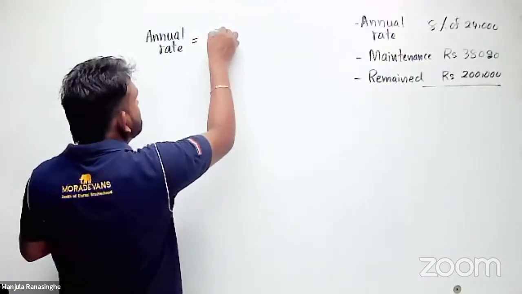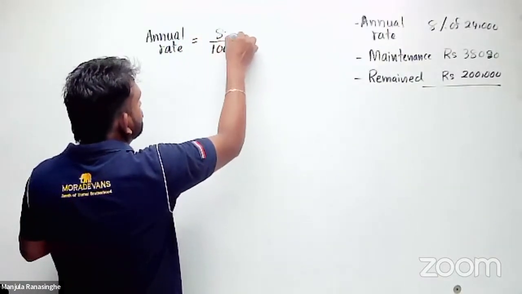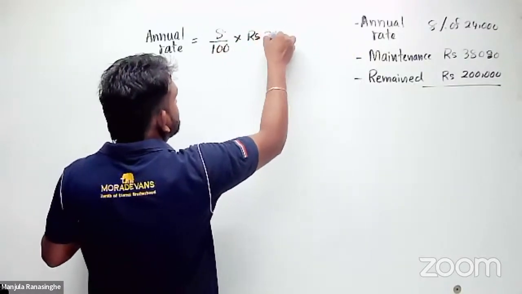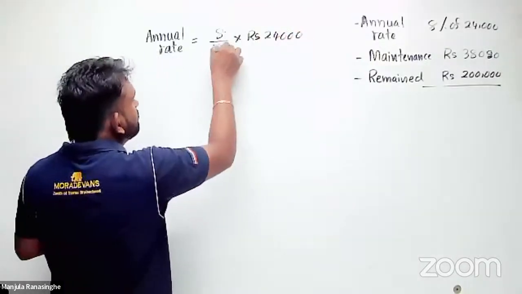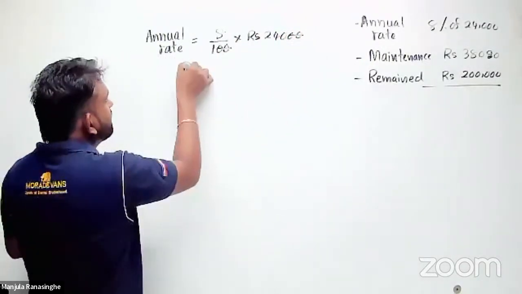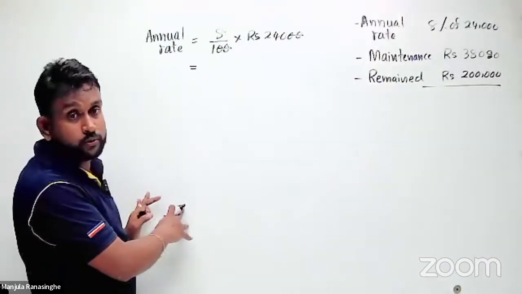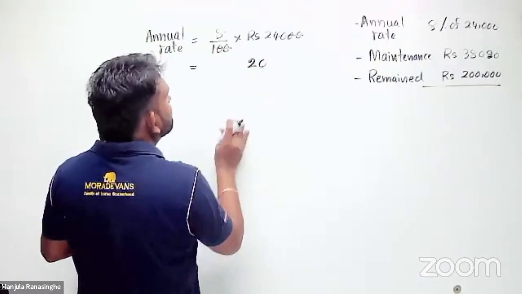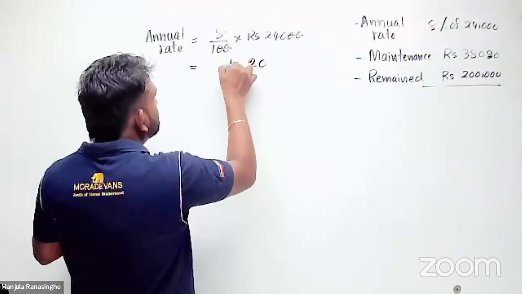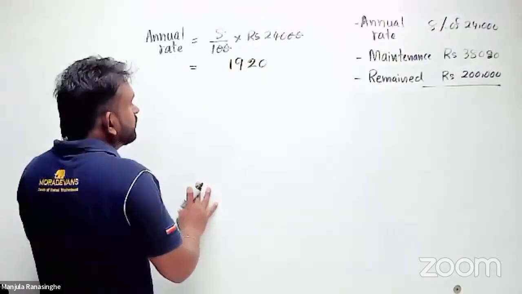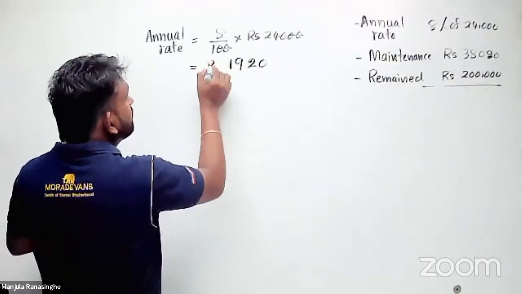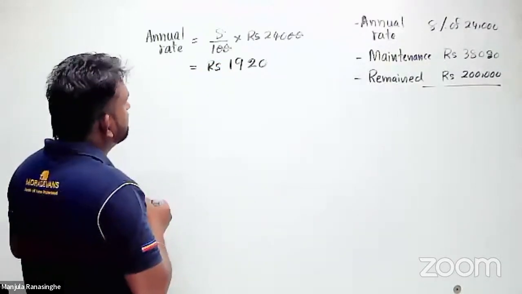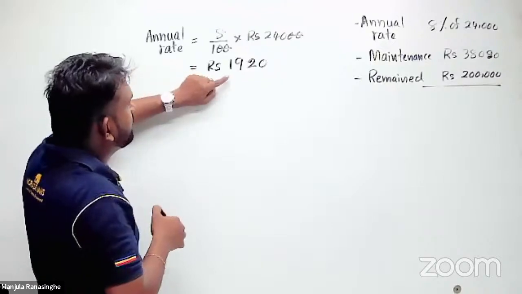That means 8 upon 100 into the annual assessed value, rupees 24,000. Two zeros cancel, then you multiply these two figures together. It is rupees 1,920, the annual rate he is paying.